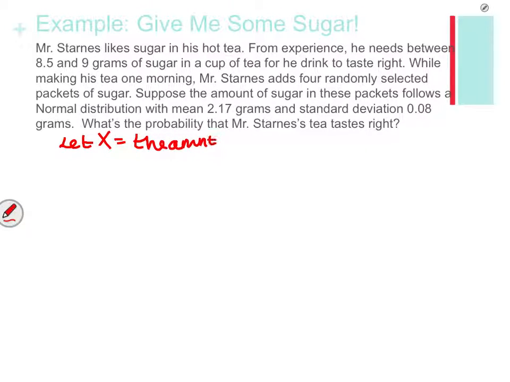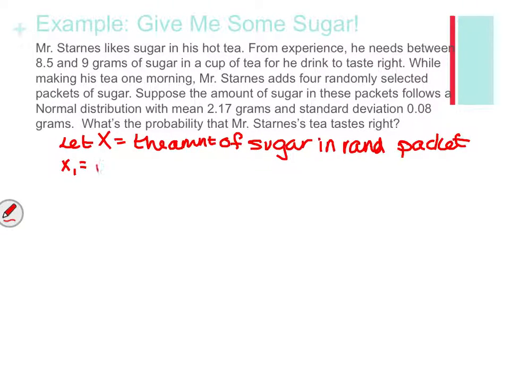The first thing I'm going to say is let x, our random variable, represent the amount of sugar in a randomly selected packet. So we now know that I have 4. x1 is the amount in packet 1, x2 the amount in packet 2, and so on.